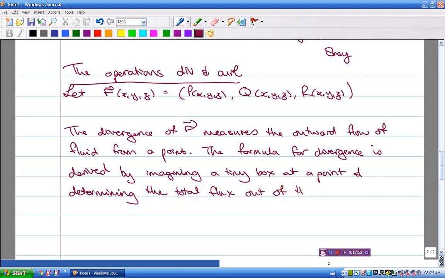So you can go and look up derivations of this formula. I'm not going to do it, but the result is div of F.